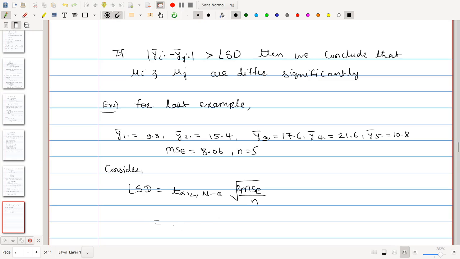Take alpha as 0.05, so this will be 0.025, comma 20, since N minus a is 20. So under the root, 2 times 8.06 upon 5.